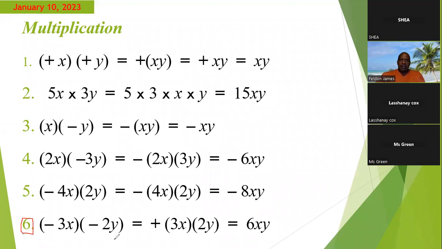All right. So remember now, if we're multiplying this quantity by this quantity, what you have to pay attention to is the signs. This one has a negative. That means the entire quantity here is negative. This one also has a negative. The entire quantity would be negative.